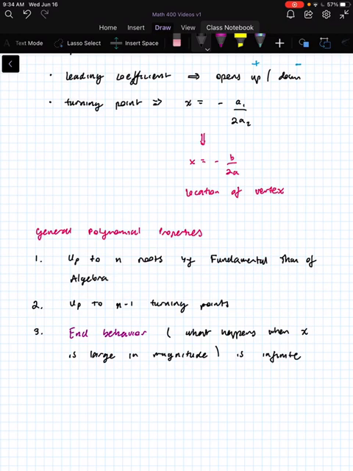So these functions shoot up forever or shoot down forever. And, very helpful, they can always be written as a product of linear and quadratic factors. And it's often more helpful to write it that way because it helps you graph it or understand the graph much more quickly.